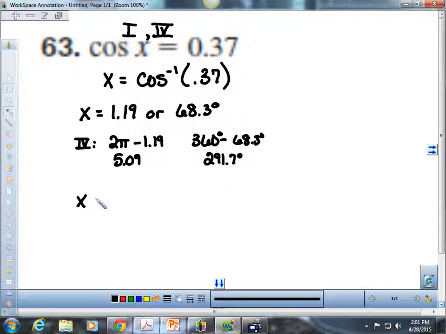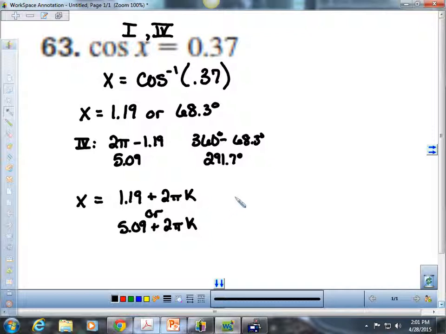So x can be equal to 1.19 plus any multiple of 2 pi, or 5.09 plus any multiple of 2 pi. That would be my answer in radians.